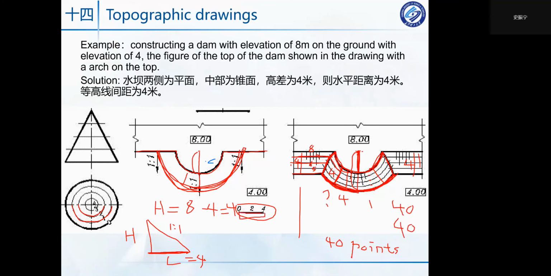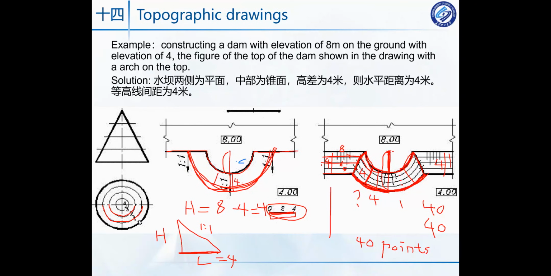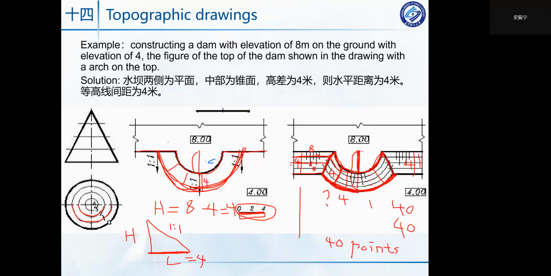It means the distance of this segment is 4, so you can put this ruler here and measure 4 units. Okay, you understand.